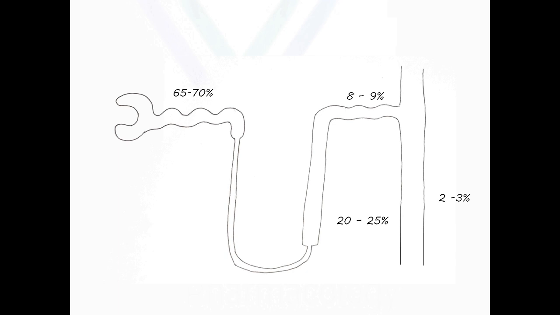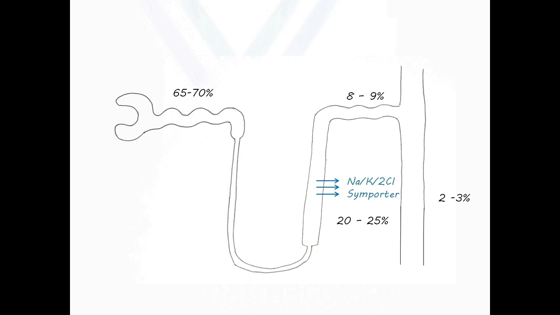The thick ascending limb of the loop of Henle is the diluting segment of the nephron. This part of the nephron has specialized sodium-potassium-2-chloride symporters. They absorb only solutes and there is no reabsorption of water.